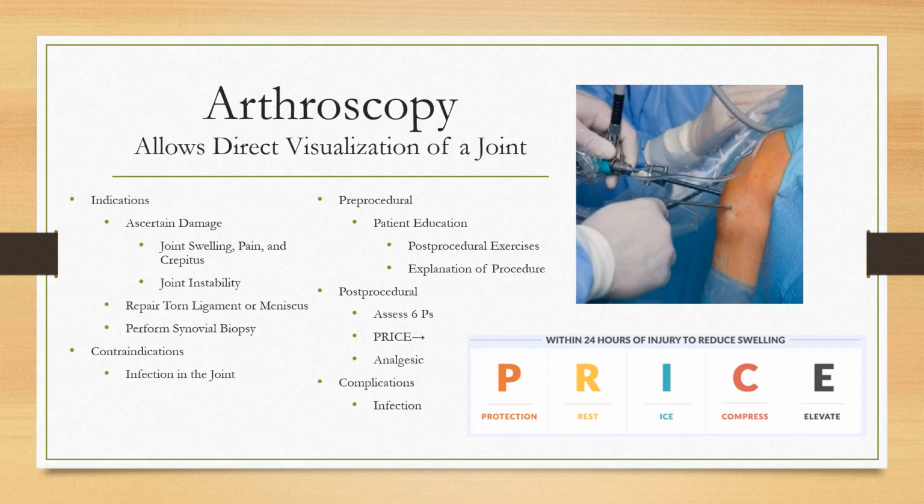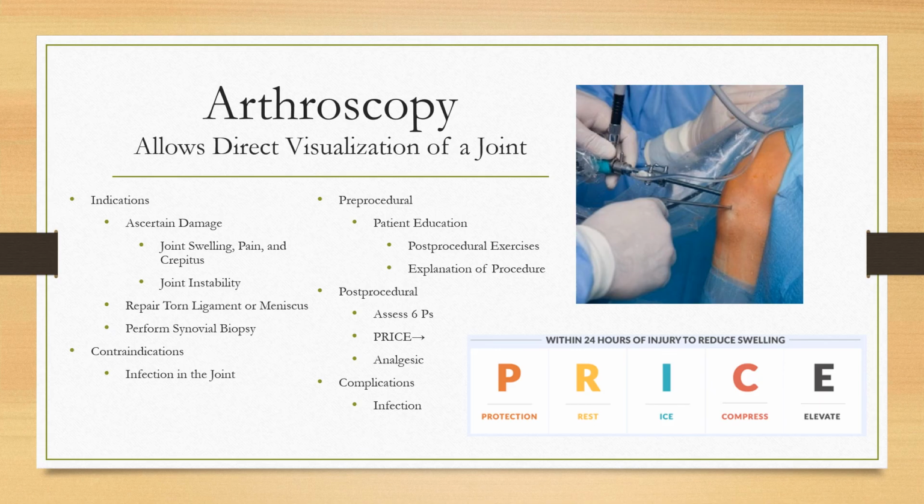Okay, so here's an arthroscopy. Looks like it's being done on a shoulder or a knee. Hard to tell from this image. But arthroscopies are done on either of those joints. So arthroscopies are super common, especially of the knee joint.